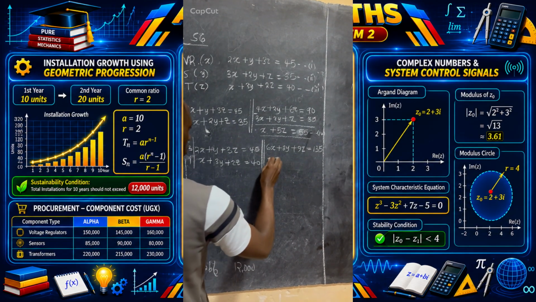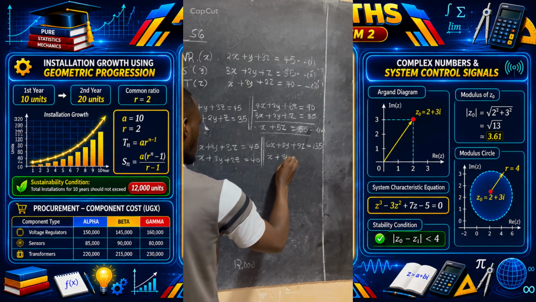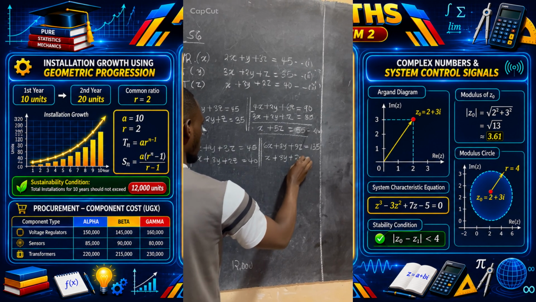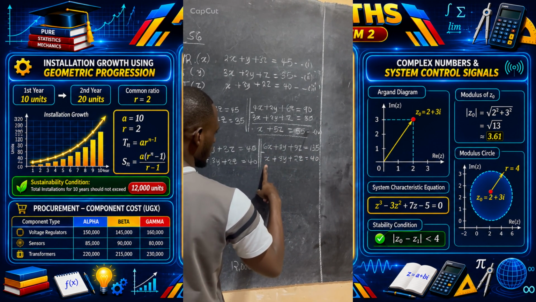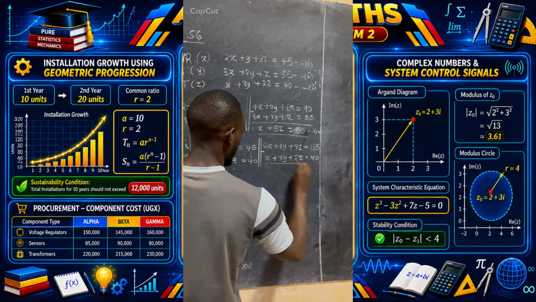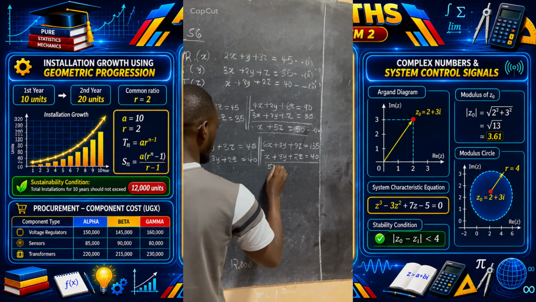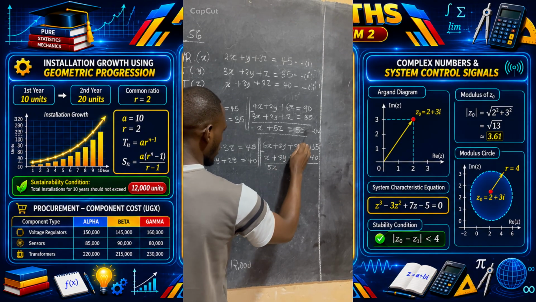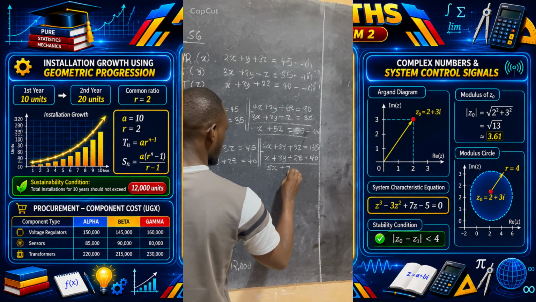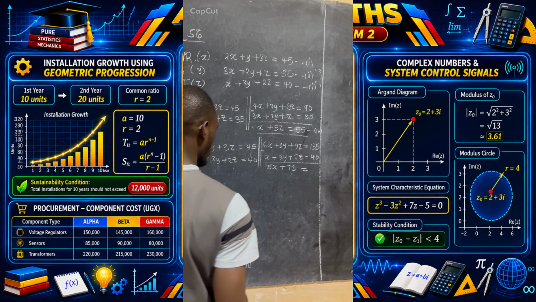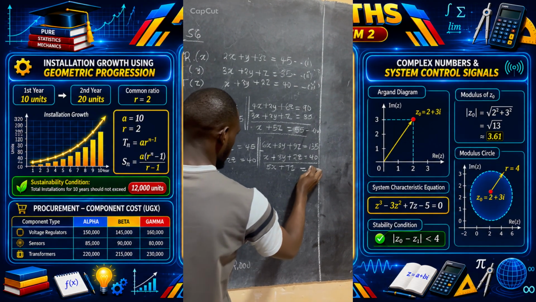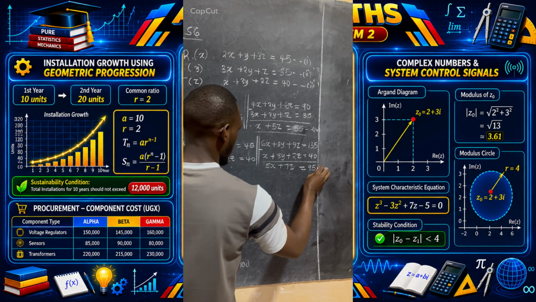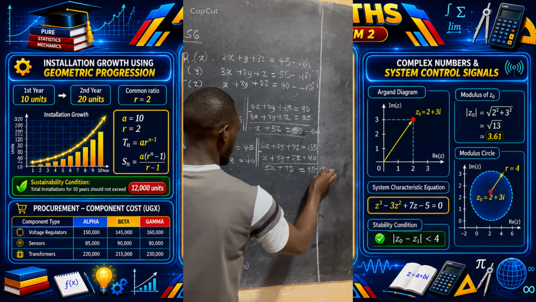Then this is going to remain as it is, x plus 3y plus 2z is equal to 40. I subtract still. This is going to give us 2x, this is a 0, then plus 7z is equal to 135 minus 40, which will give 95, and I can call this equation 5.